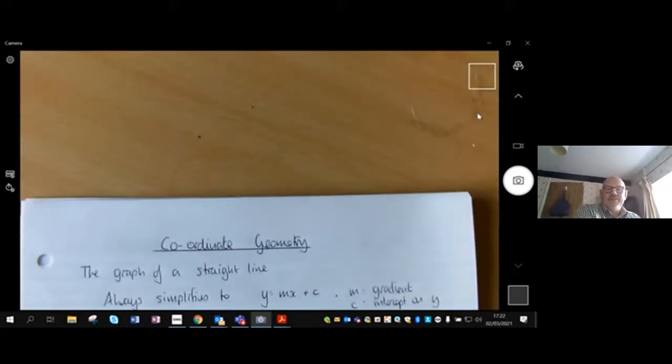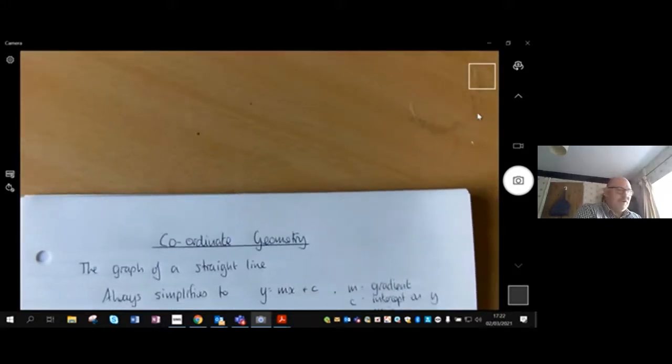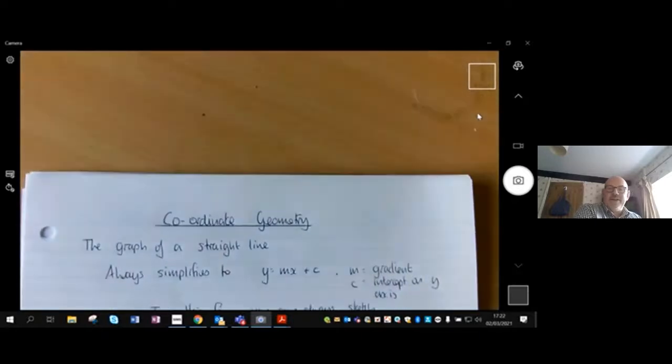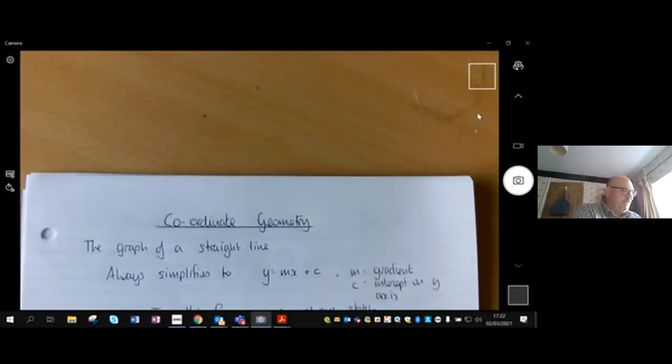Graph of a straight line. What is the graph of a straight line? It's any connection between x and y that would simplify to y equals mx plus c. In other words, y to the power of 1, x to the power of 1, plus a constant. And we know that it will simplify to that form. m will give you the gradient and c will give you the intercept.